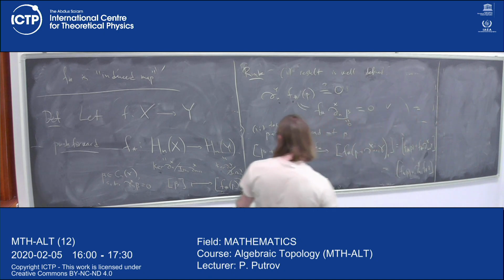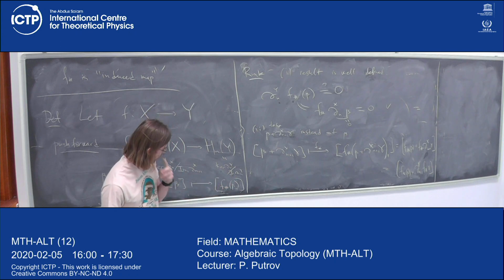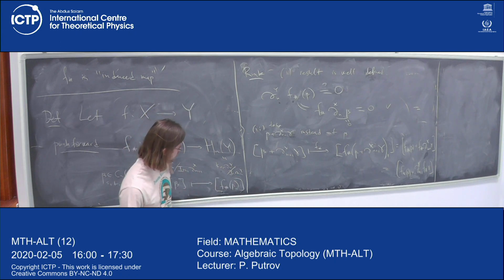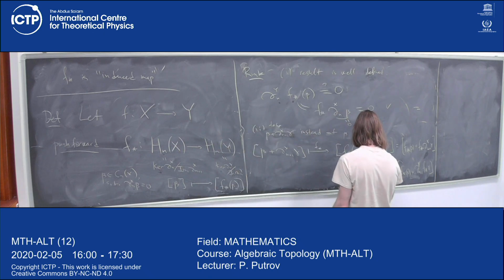And since here we're taking the class modulo elements in the image of d_{n+1}, this is the same as F sharp of beta.